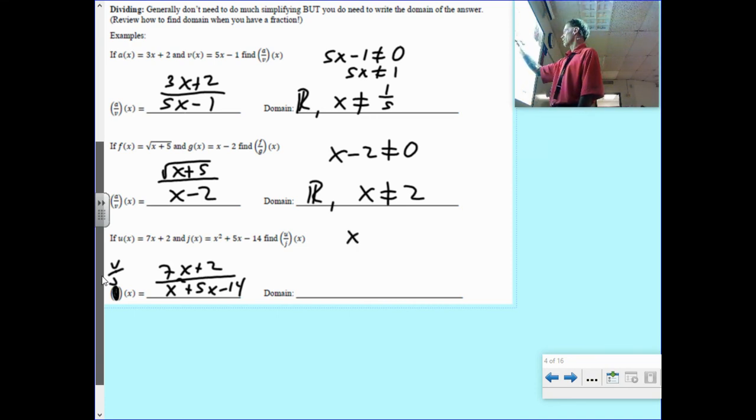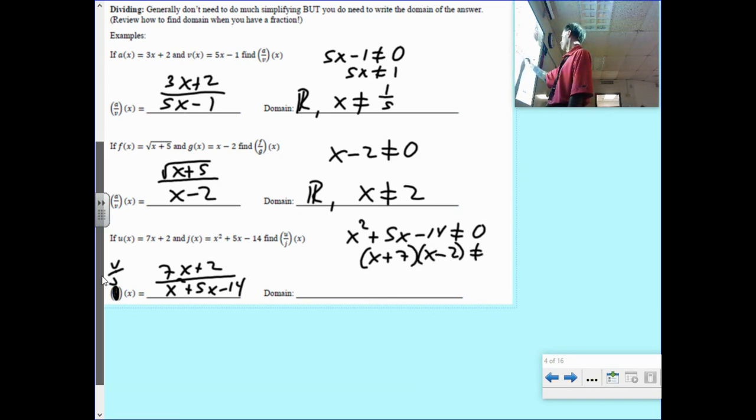And remember, in this case, we need to make sure we know how to factor the bottom so that we can find those solutions. We've already talked about that, so we're going to see what those factors are. And again, set each of those not equal to 0, not equal to -7 and +2.